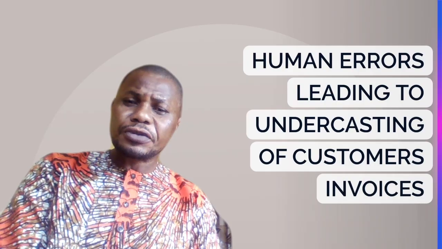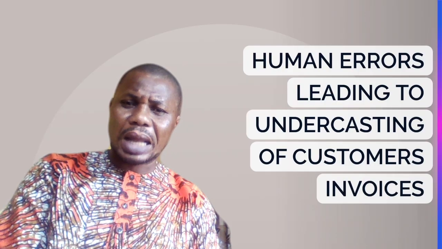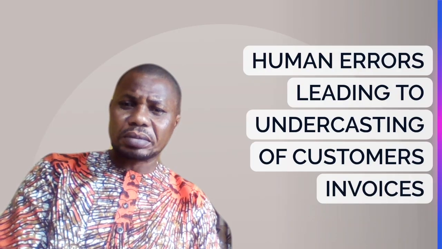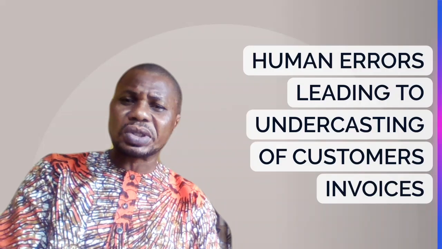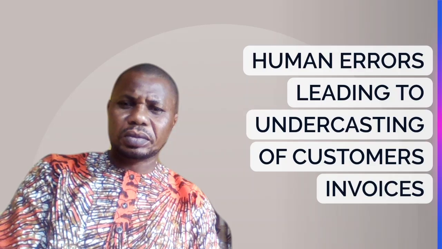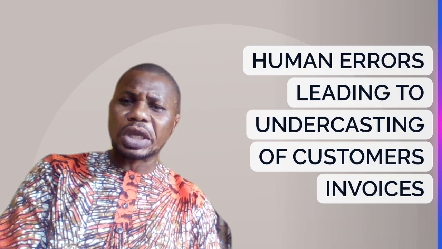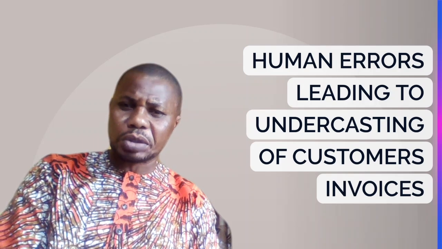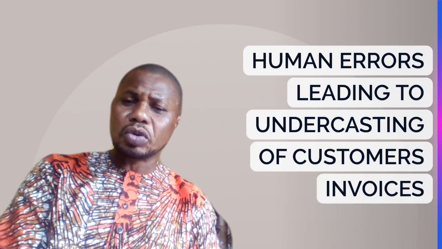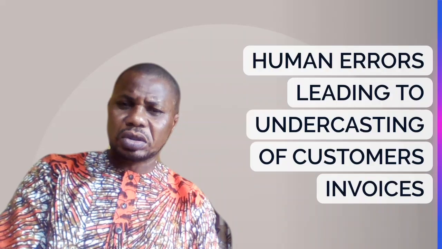Because if you do that casting manually, it is prone to error. If you have a system that generates invoices directly, such mistakes will not happen, because the system or the computer can never make errors of casting. It's impossible, because it's what you give the computer that it will give you, except you made a mistake in your figures.